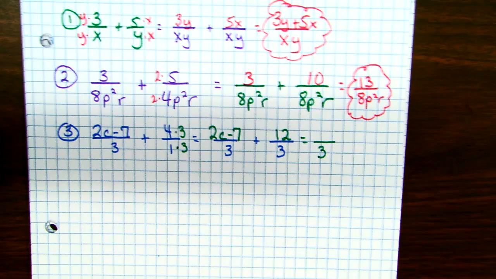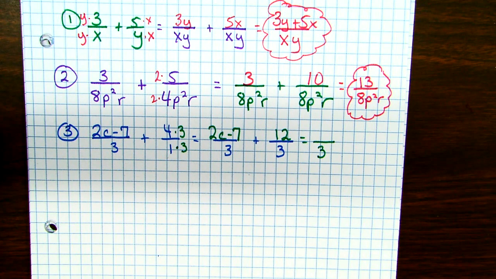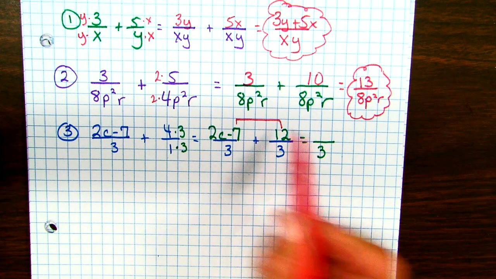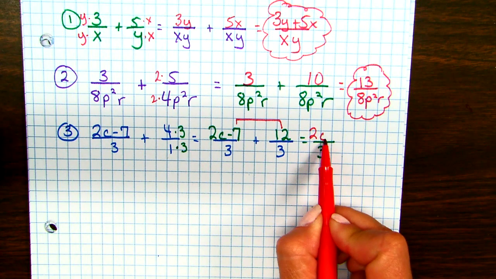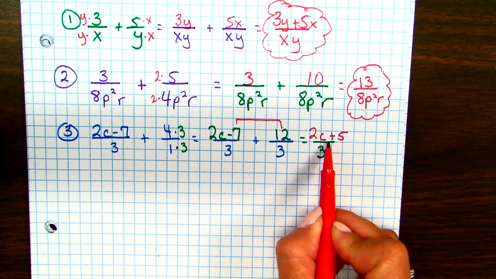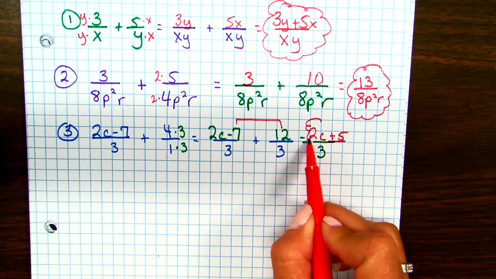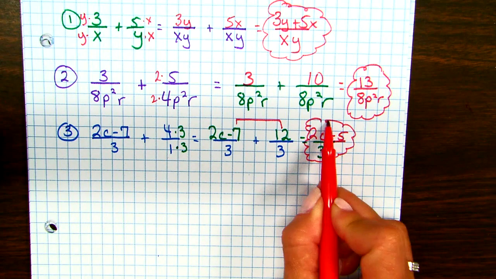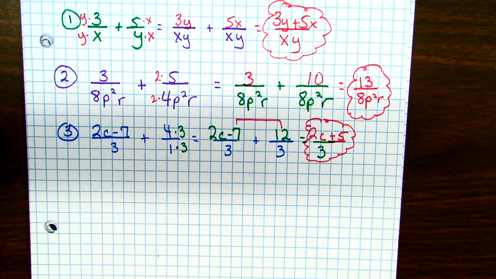So we have a common denominator of 3. And combine any like terms. We have 2c minus 7 plus 12. We can combine these two. So I would have 2c, and then negative 7 plus 12 is 5. And of course, you could put that in your calculator. And 2, 5, and 3 are not divisible by anything.